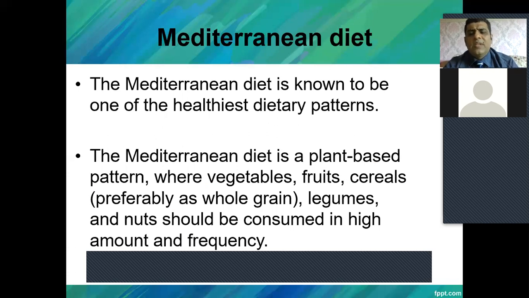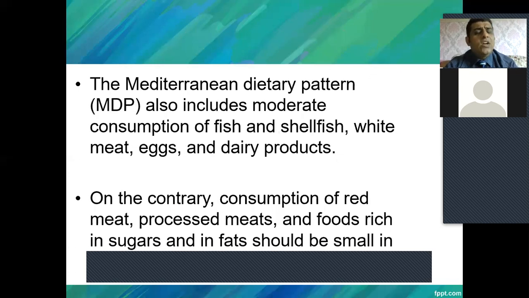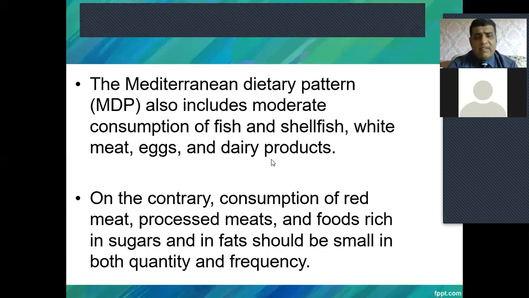The Mediterranean diet usually has vegetables and fruits, but not only that. Sometimes it also has other things like chicken, fish, eggs and meat. Sometimes they can be there, but the amount can be decreased.